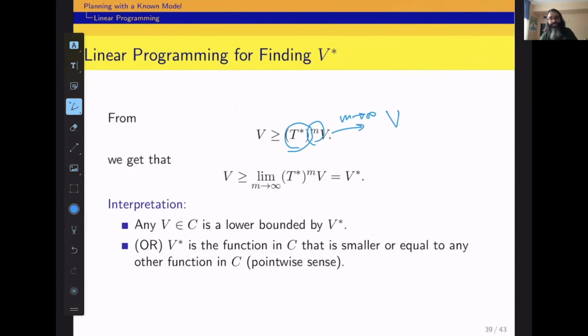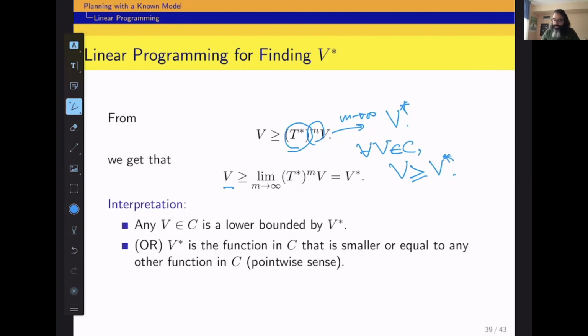T v star, right? So I have that for any v in that space C, v is also going to be greater or equal to v star.